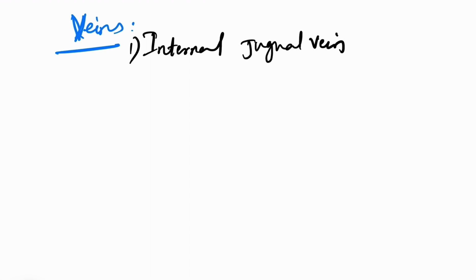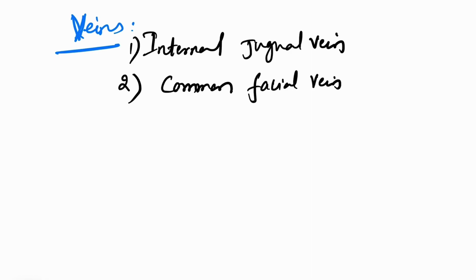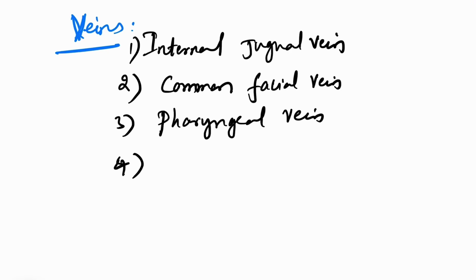Also the other veins which drain into the internal jugular vein like common facial vein, similarly pharyngeal vein, and finally even the lingual vein, which usually terminates in the internal jugular vein.